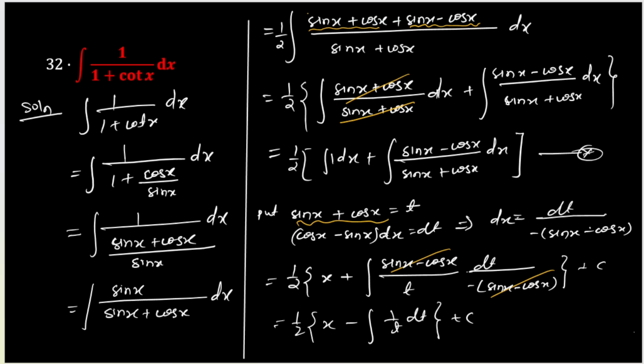This simplifies to 1 by 2 x minus log t plus c, and replacing t in terms of x we get 1 by 2 x minus log sin x plus cos x plus c. This is your answer.